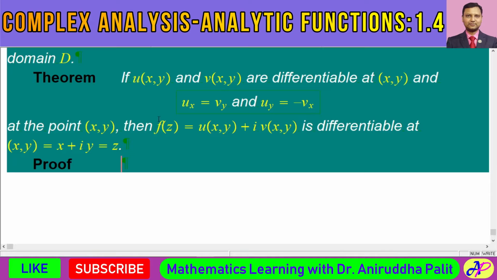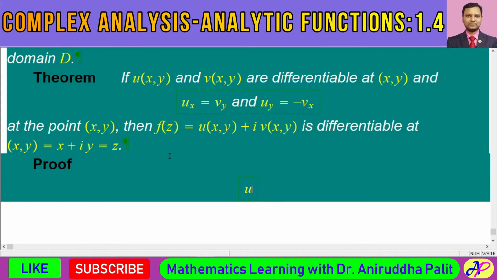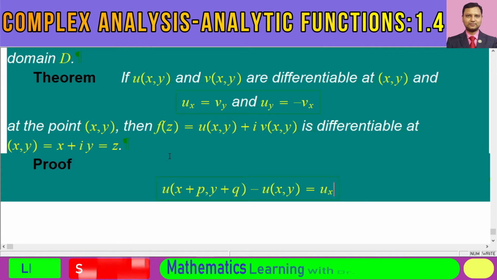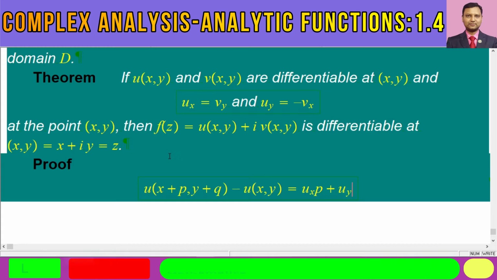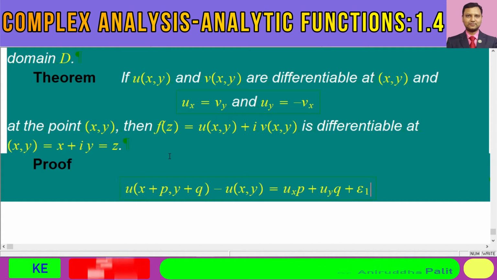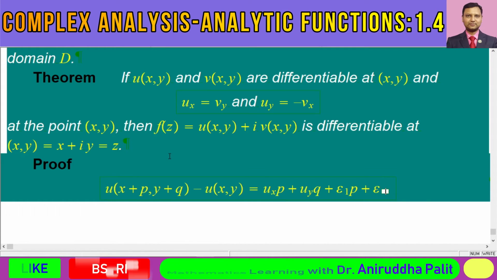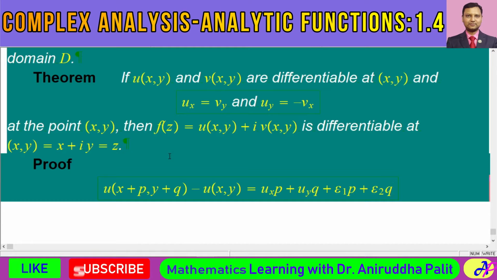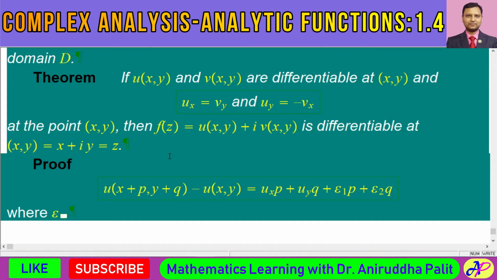So because the function u is a differentiable function, we can write that u of x plus p comma y plus q minus u of x comma y is equal to the partial derivative u_x multiplied by p plus the partial derivative u_y multiplied by q plus certain epsilon 1 into p plus epsilon 2 into q, where epsilon k, we write epsilon k because i refers to root over of minus 1, tends to 0 as p comma q tends to 0 comma 0.